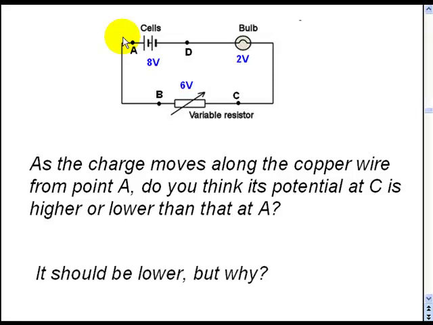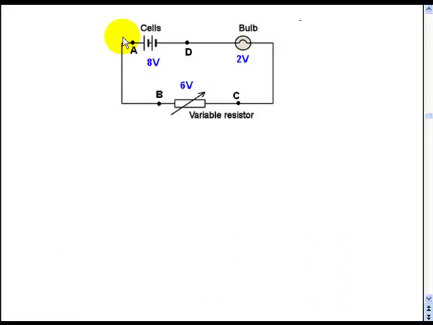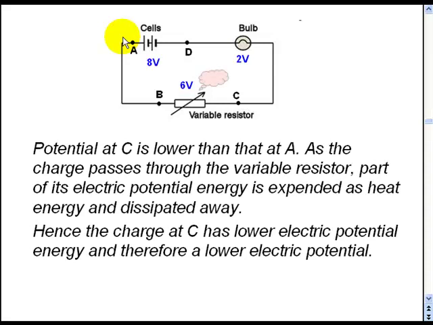It should be lower, but why? Potential at C is lower than that at A. As the charge passes through the variable resistor, part of its electric potential energy is expended as heat energy and dissipated away. Hence, the charge at C has lower electric potential energy and therefore a lower electric potential.